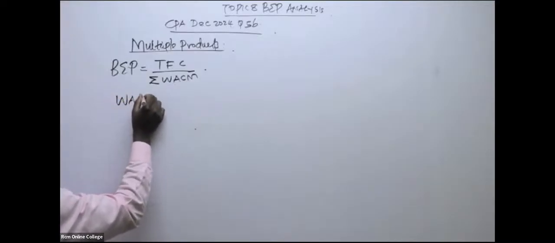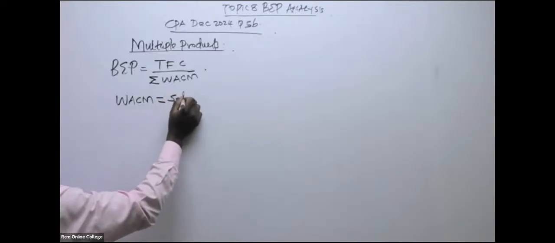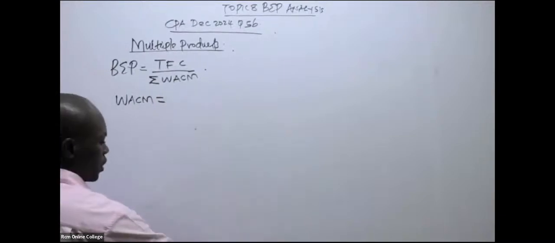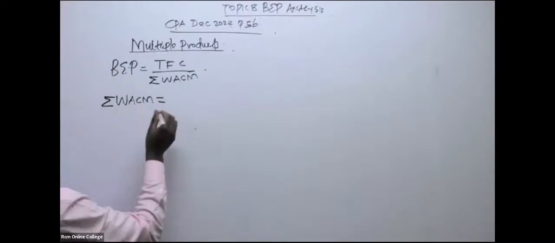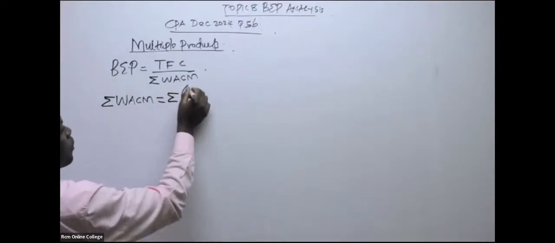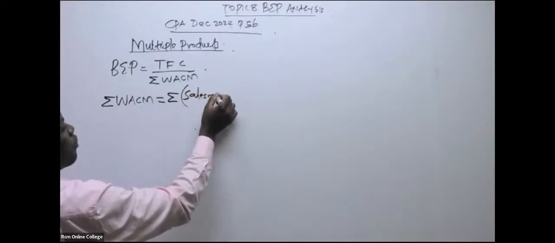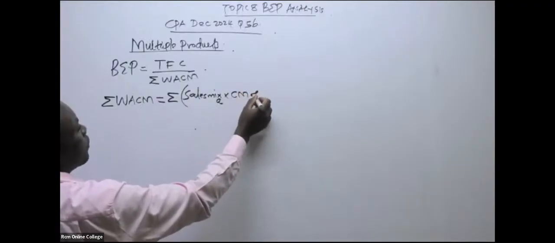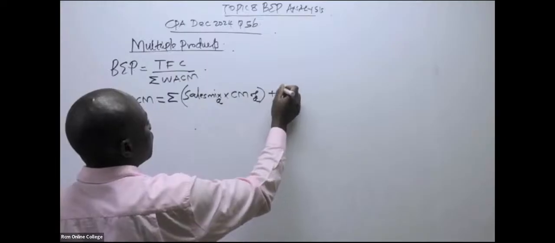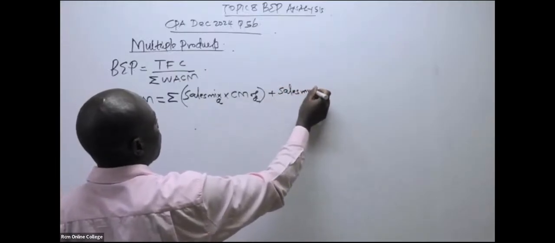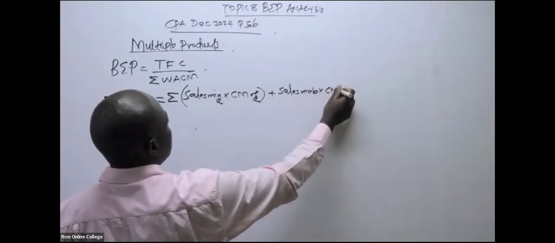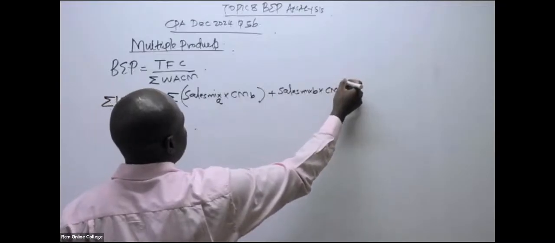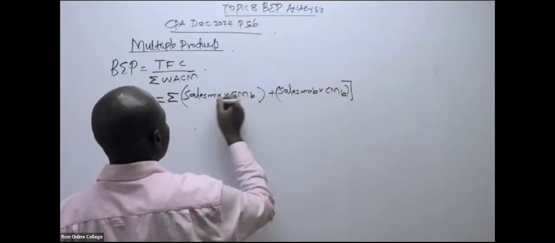The summation of weighted average contribution margin is equal to the summation of sales mix of product A multiplied by contribution margin of A, plus sales mix of product B multiplied by contribution margin of product B. If I have a third product, that's what I will be adding.